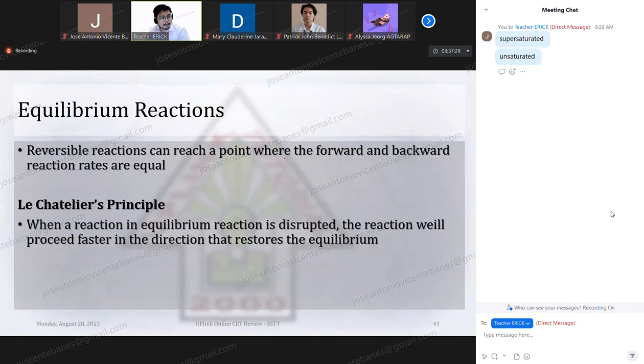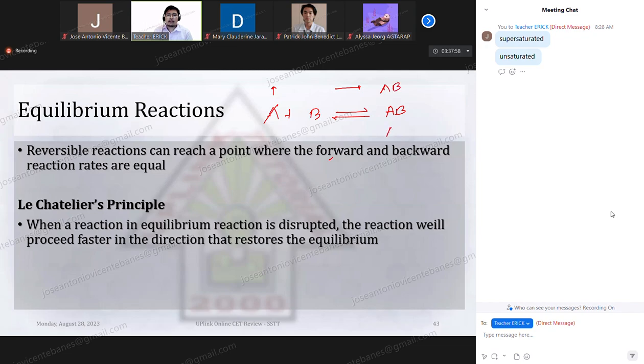Now, equilibrium reactions are the ones that apply this idea because reversible reactions can reach a point where the forward and backward reactions are equal. So, which means if we're going to produce A and B, then producing AB here, once you add A to the reaction with B, then it must go forward to AB.